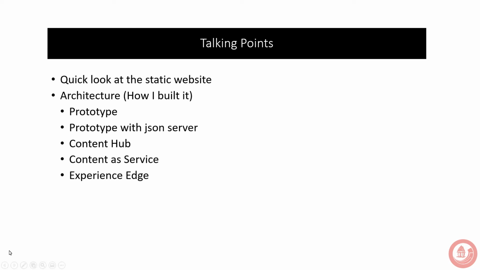So what are we going to talk about? We'll take a quick look at the static website that I had to build for this journey. Then we'll talk about the architecture, starting from how the prototype was made, and then how I built it step by step using JSON server, Content Hub, and changed the architecture to make it content as a service, and then we'll look into Experience Edge.